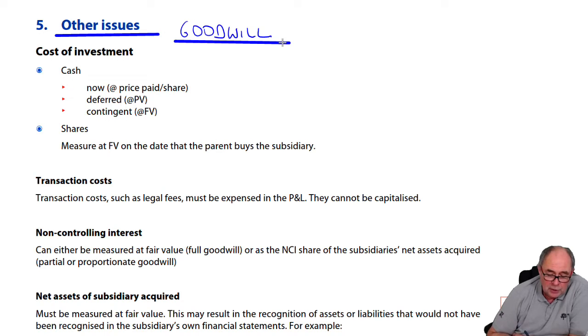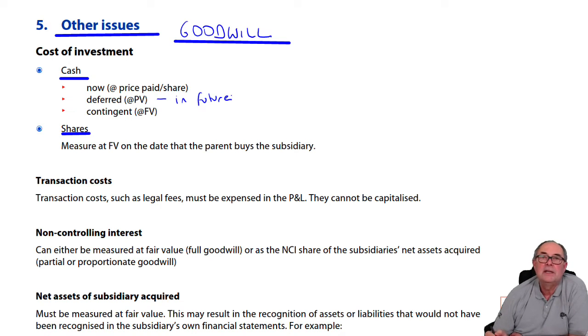Consideration could be in cash or shares. If I'm paying in cash, then it's very clear what the value is. If I'm paying in the future, some people call that deferred consideration. It will need to be discounted. So we'd have to discount to present value.